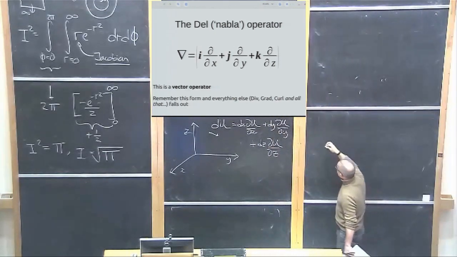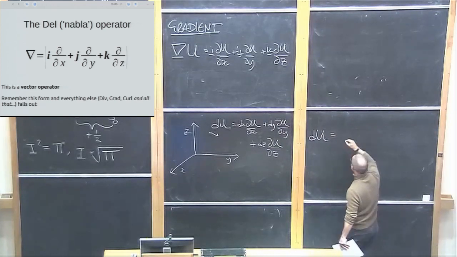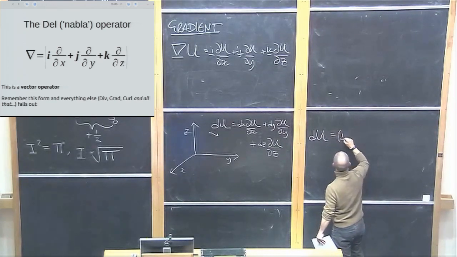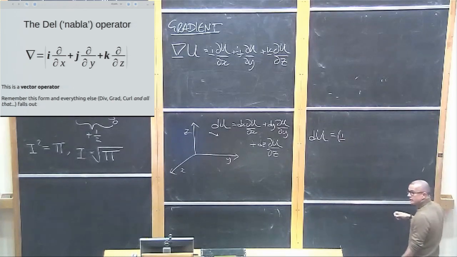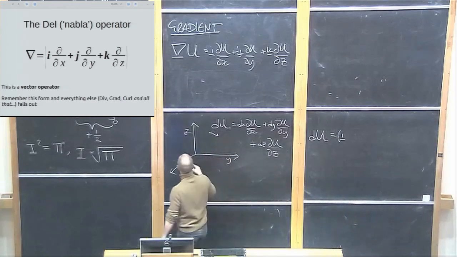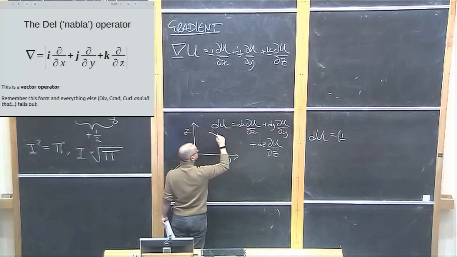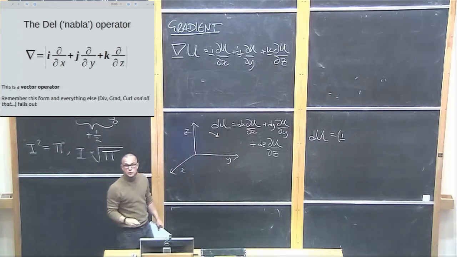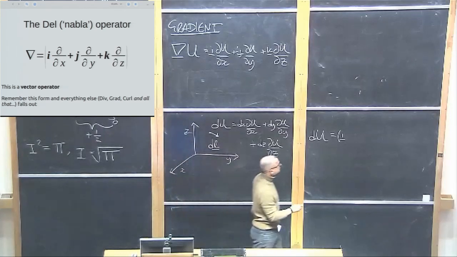So what we can see now is that the change in the value of our scalar field is equal to the dot product of the gradient with the vector which describes this motion in this scalar field. So I'm going to call this little vector, which represents my motion between two different points in my scalar field, dl.